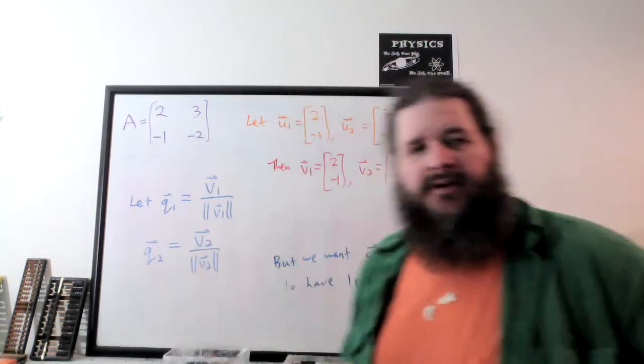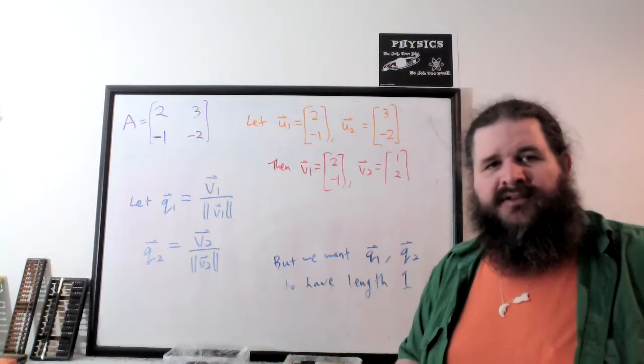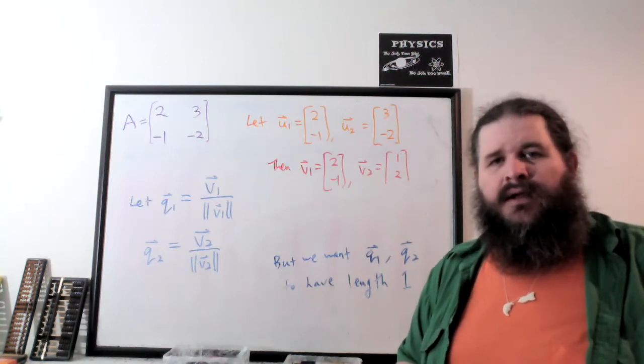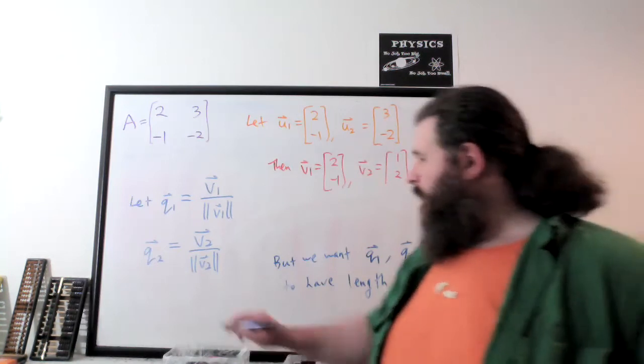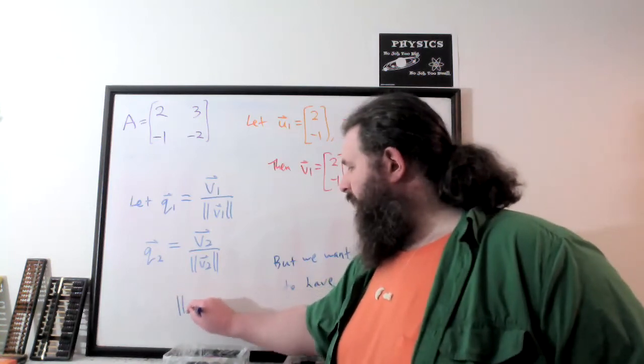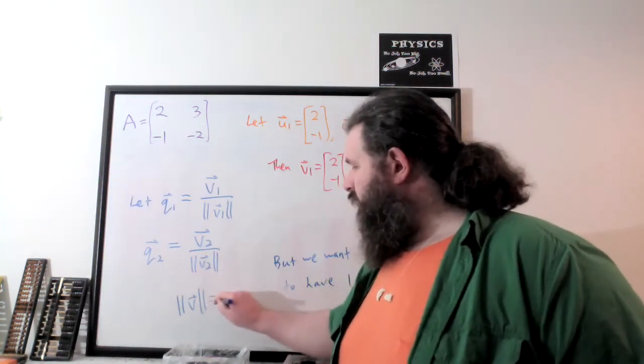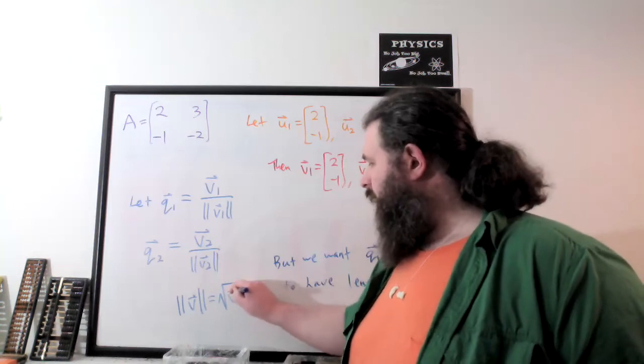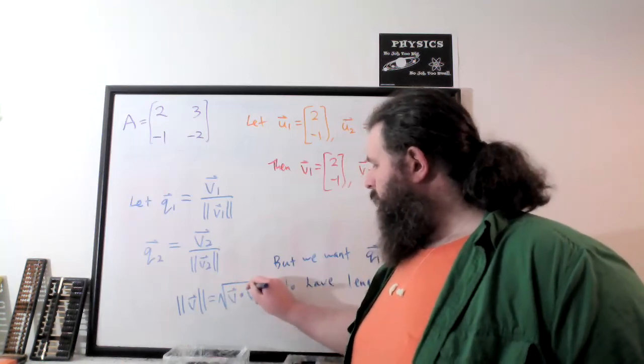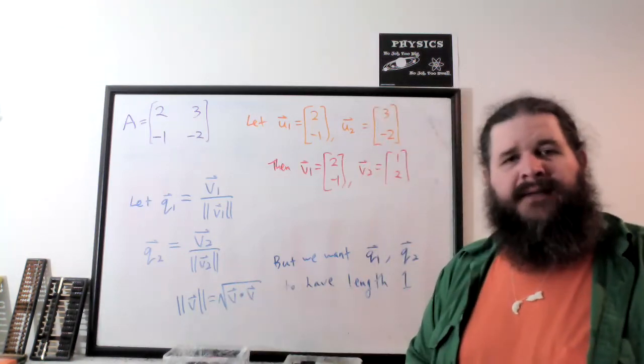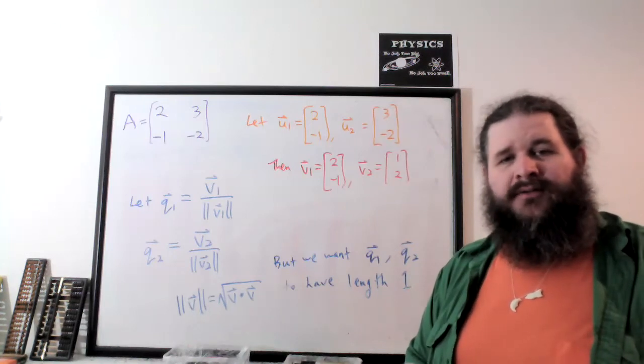And for magnitude, you can use the Pythagorean theorem, essentially the Euclidean distance. You could also think of it as the square root of a dot product. The magnitude of a vector is defined as the square root of the vector dot itself. So you can always rewrite magnitudes as the square root of a dot product with itself.